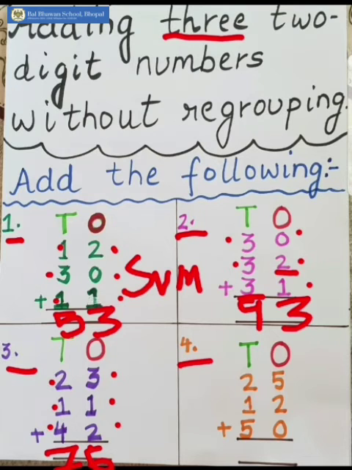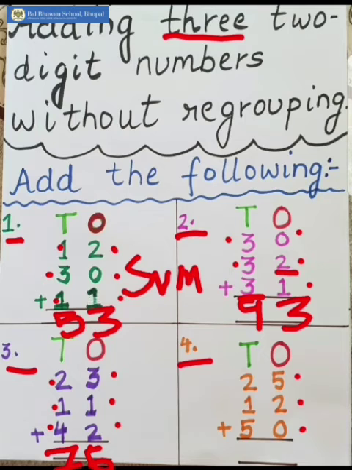Now same way we will be doing our last question, that is fourth one. So digits at ones place are 5, 2 and 0. Now here, which is the bigger number? Yes, 5. And the next bigger number is, yes, 2. So we will add 5 and 2.